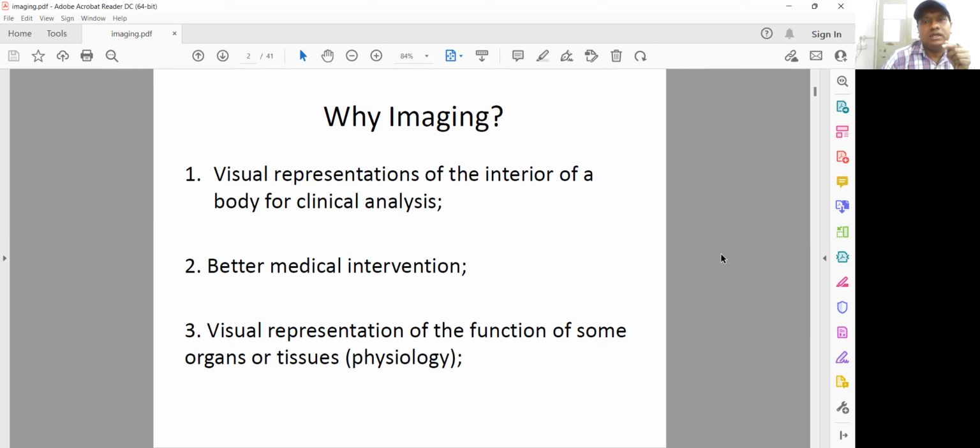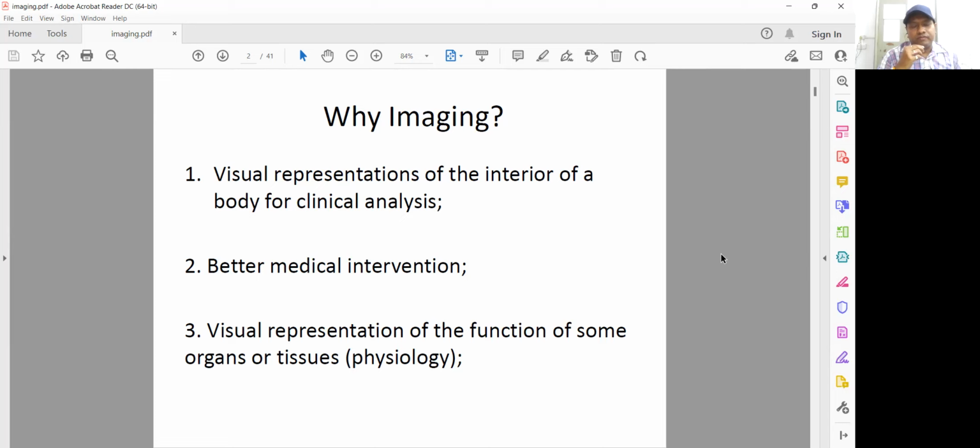This becomes clear by imaging. The physicians get a much clearer view by seeing the picture, rather than only guessing. So the visual representation of the interior of the body for clinical analysis is very important.